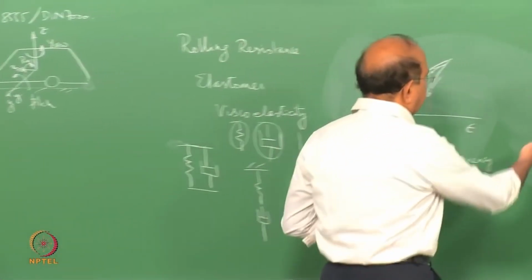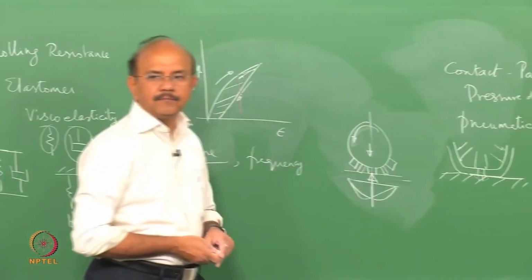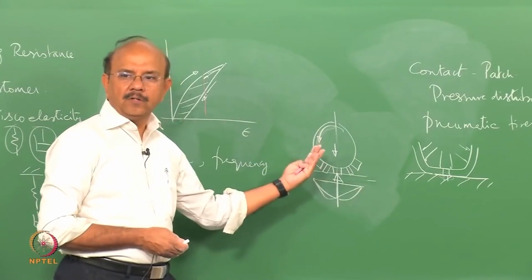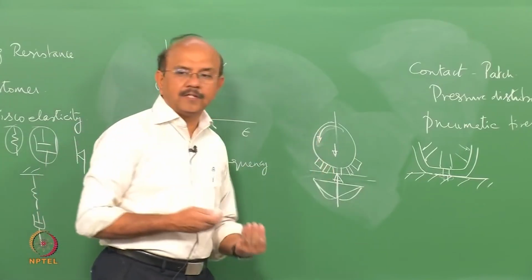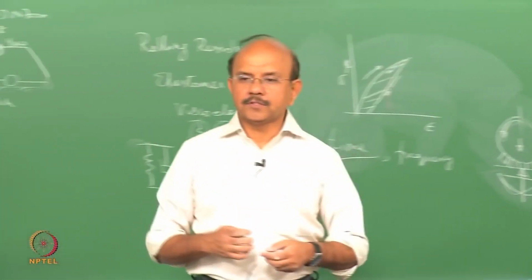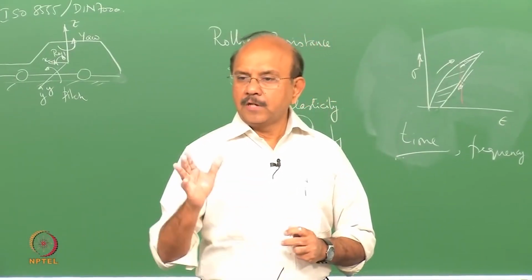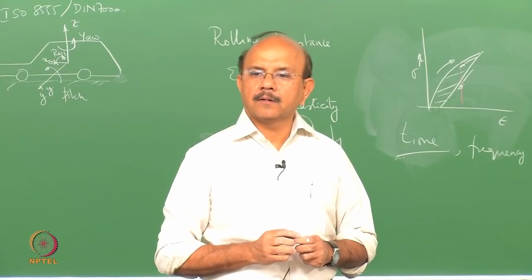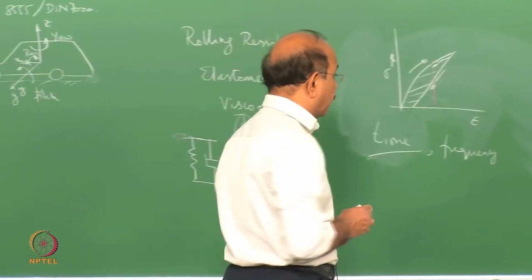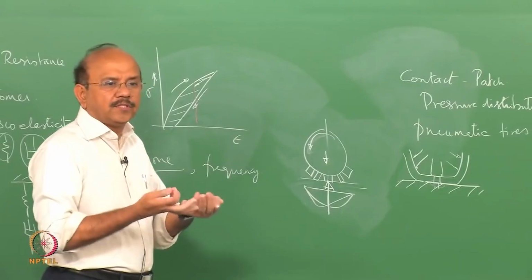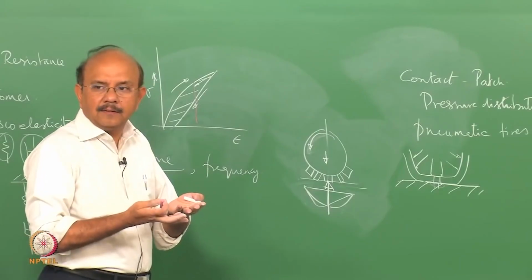So, if this is the load that is acting on the tire, then the load is now equilibrated from the ground, or in other words, that is the load which opposes the weight. Now, since this symmetric distribution is affected, what will be my resultant force due to this contact with the ground?